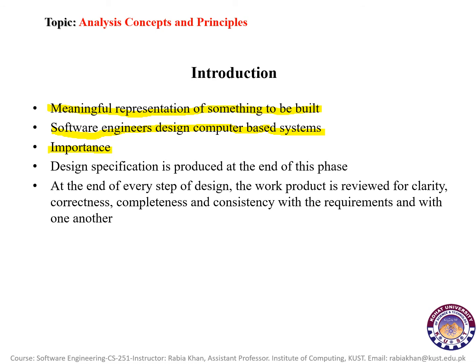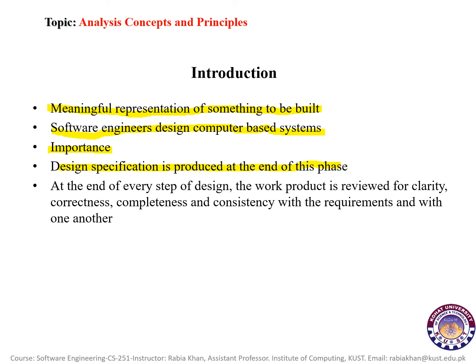So what is the working product? At the end of completing all the 4 sub-phases of design, the design specification is produced at the end of the software design phase or software design activity. The specification is composed of the design models that describe the 4 levels of design.